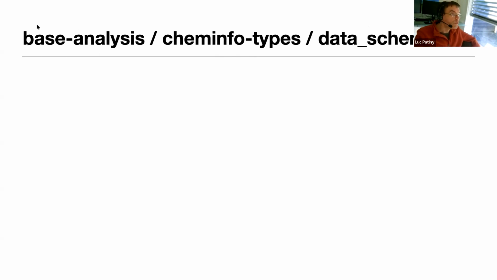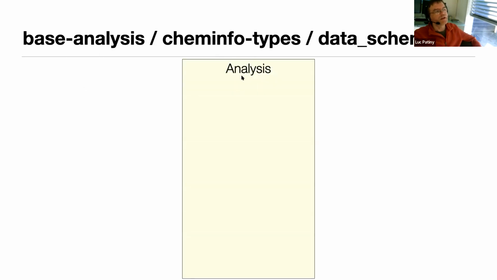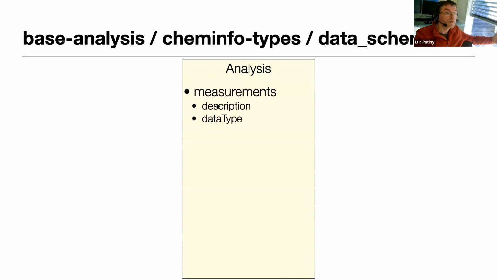And we have the base analysis, the project that will deal with curves, IV curves, NMR spectra, infrared spectra. So an analysis will contain measurements, and a measurement will have a data type and a description about this measurement.